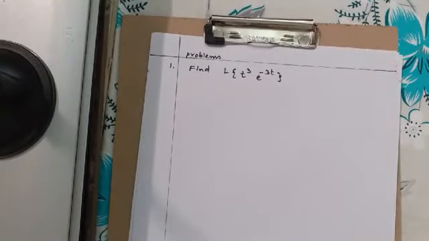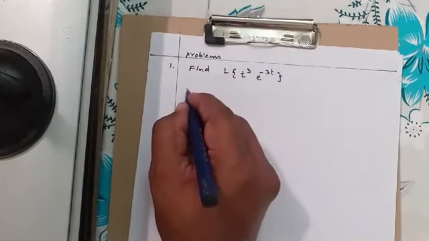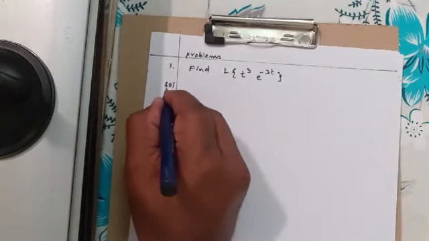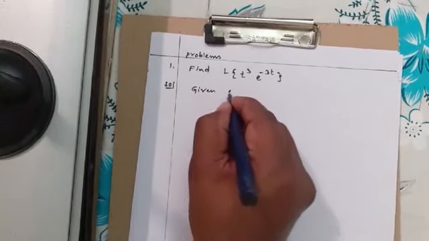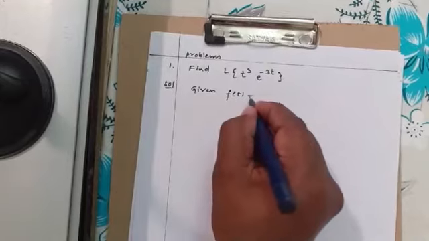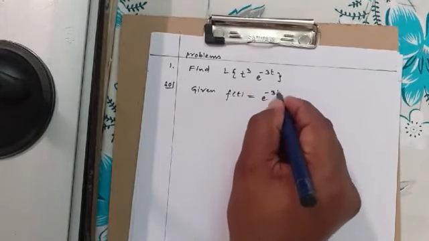This is the problem given here. Now first we find Laplace of f of t, and then we use the formula for Laplace of t power n f of t. So here first we write the solution. F of t given, f of t is equal to e power minus 3t.